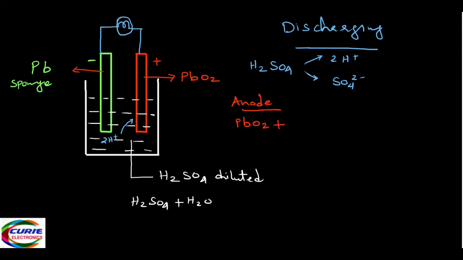So lead peroxide plus 2H gives us lead oxide plus water.